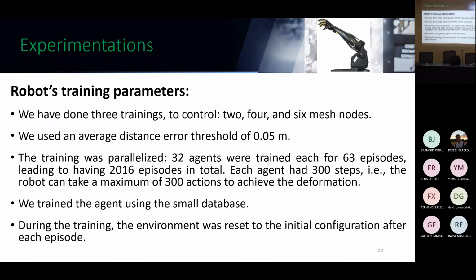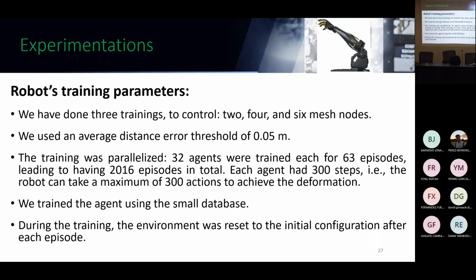So about the experimentation, we conducted 3 trainings for controlling 2, 4, and 3 mesh nodes. We used 32 agents trained in parallel. Each one of them performed 63 episodes, so if you do the multiplication, it leads to 2016 episodes in the end. Each of those episodes was made of 300 steps, which means that the robot can perform 300 actions in order to reach the goal. We also use an average distance error of 5 centimeters.